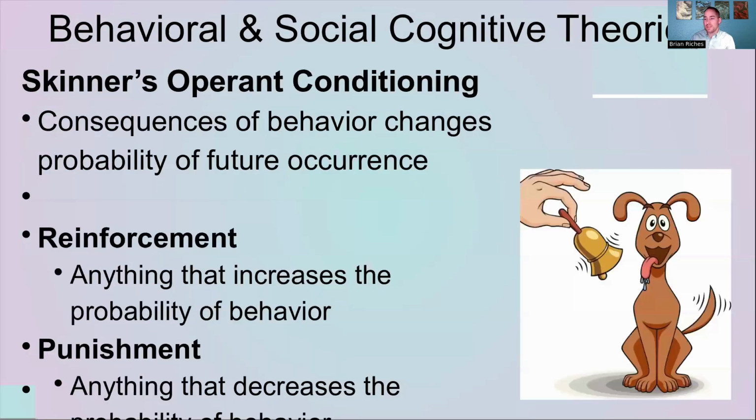Some big pieces of this are reinforcement and punishment. Reinforcement is anything that increases a behavior over time. Punishment is anything that decreases a behavior over time. So it's not necessarily a rewarding thing for everybody, right? A spicy food might be very reinforcing for a lot of people. For some people, it might have a punishing effect, and it might make you less likely to do that thing.